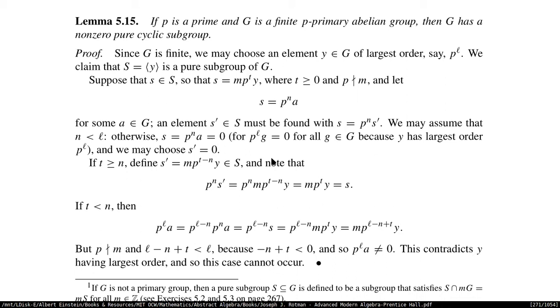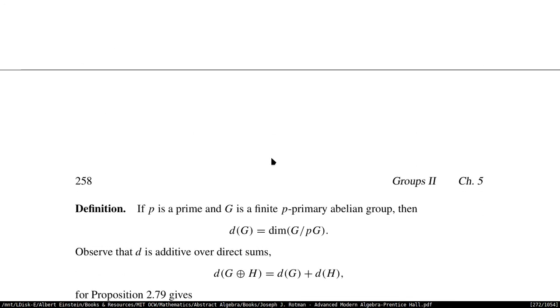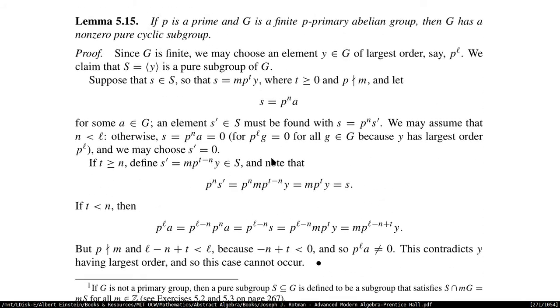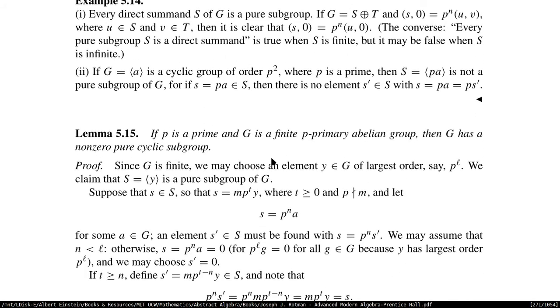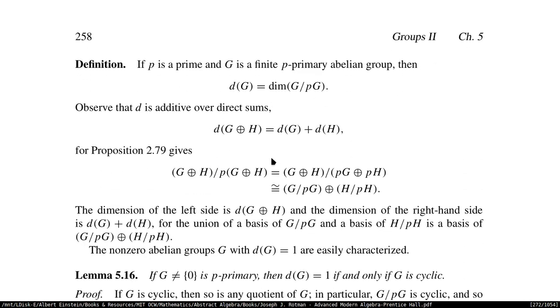Other than that, I don't see much of an issue with the proof, because the rest of it is just equating these powers of primes with each other. But the proposition of the lemma itself can be important, right? If you have a p-primary abelian group, then G must have a pure cyclic subgroup.